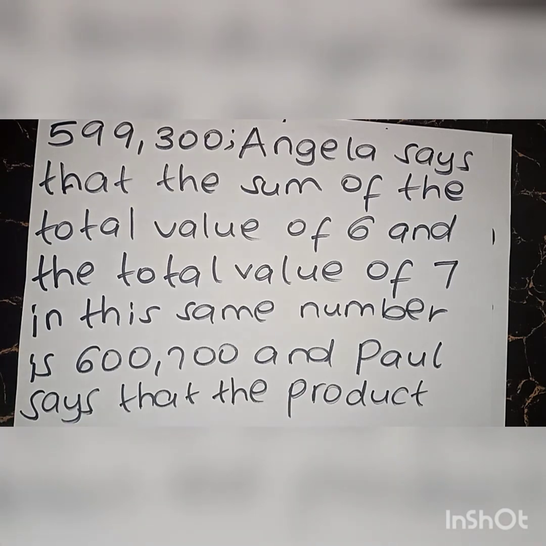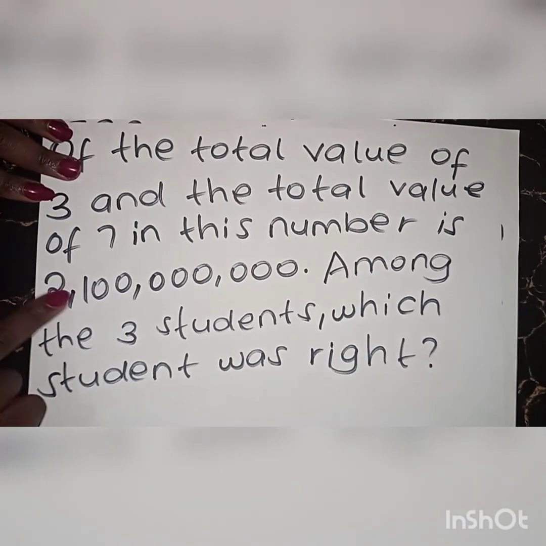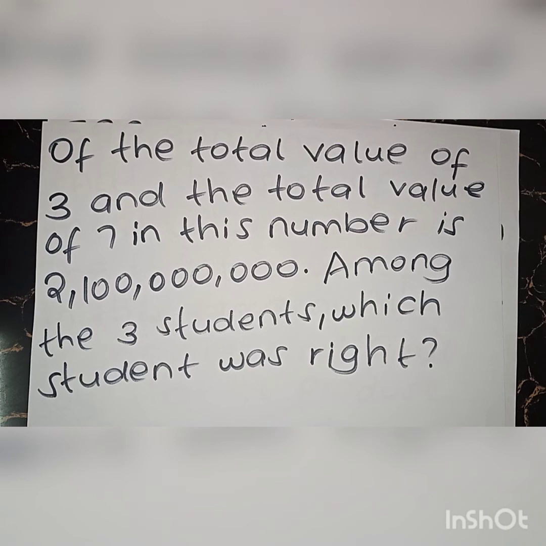And Paul says that the product of the total value of 3 and the total value of 7 in this number is this. Okay? Among the 3 students, which student was right? Okay? So we'll answer these questions in our next lesson, and with that, we can call it a day.